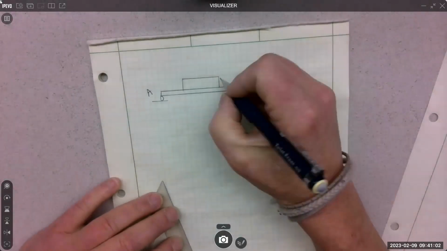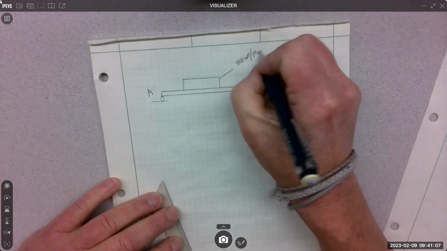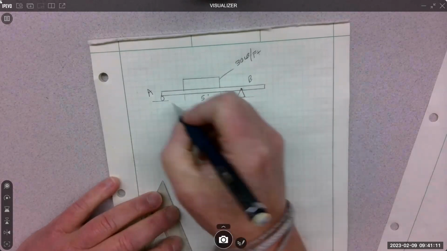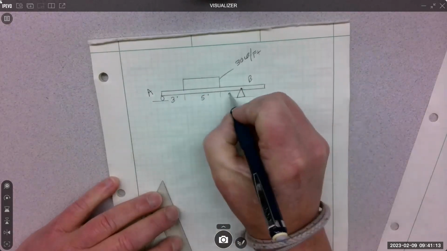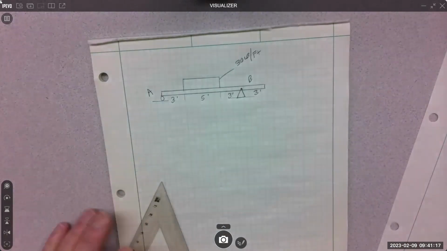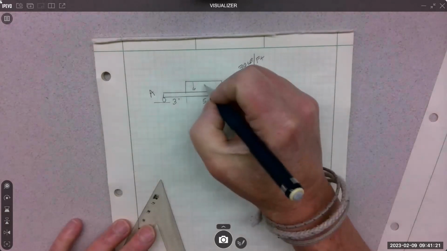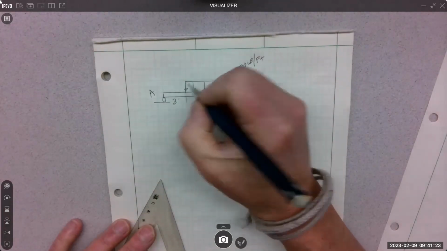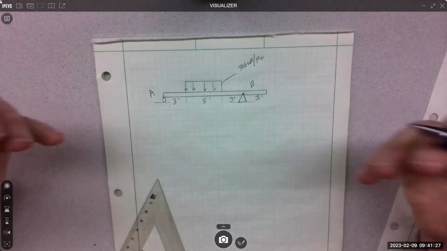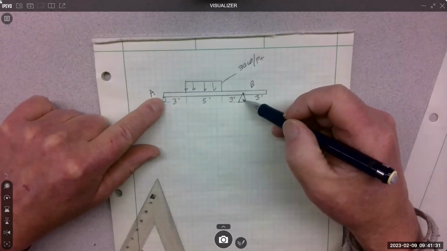Right? And I'll say, oh, that's 30 pounds per foot. And this span is 5 feet. This is 3 feet. This is 3 feet. And this is 3 feet. Okay. And that's it. That's all we have. And the question is, given this loading condition and this support condition, what are the loads on these supports, right?